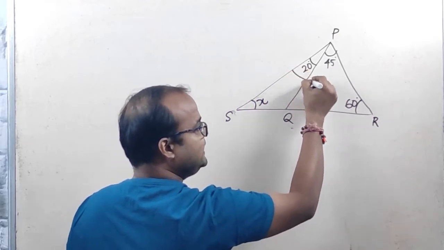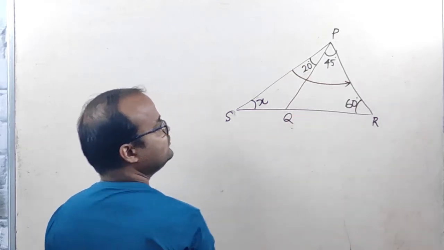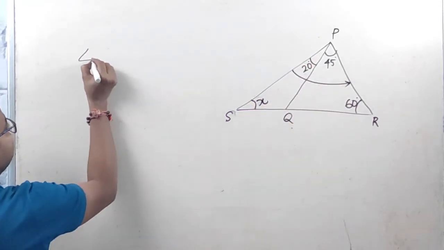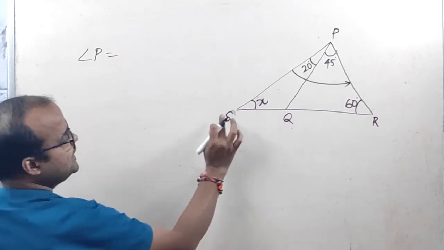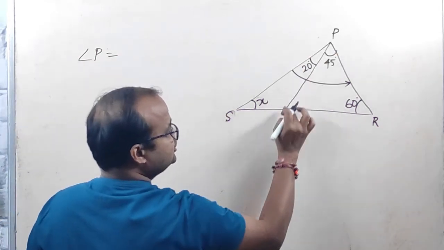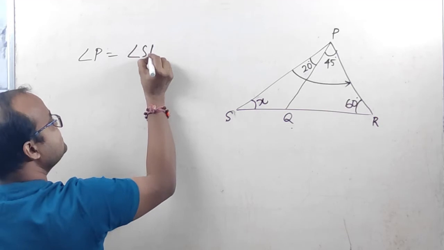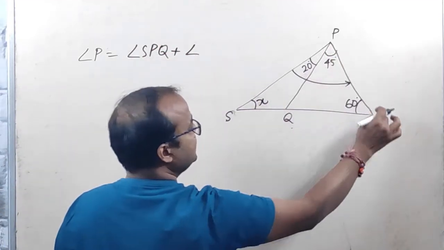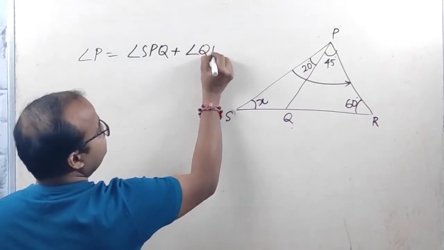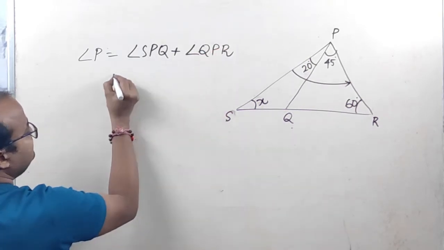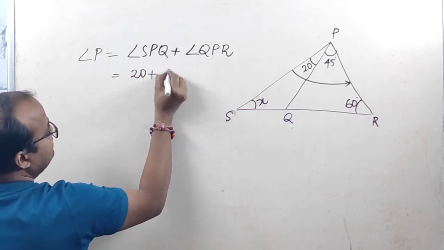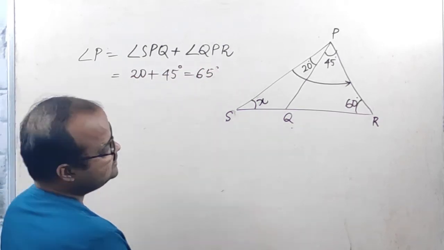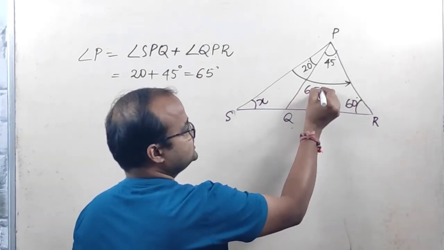So if you add these two, we'll get the value of angle P. So we can say that angle P equals angle SPQ plus angle QPR. So 20 plus 45, that is equal to 65 degree. So this angle is equal to 65.